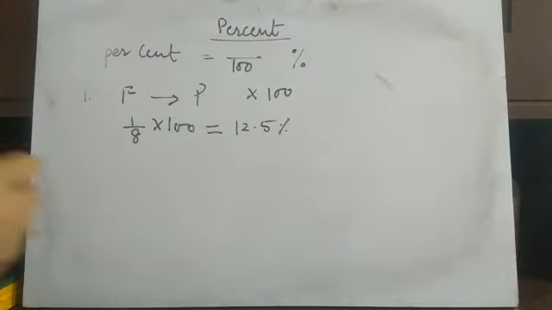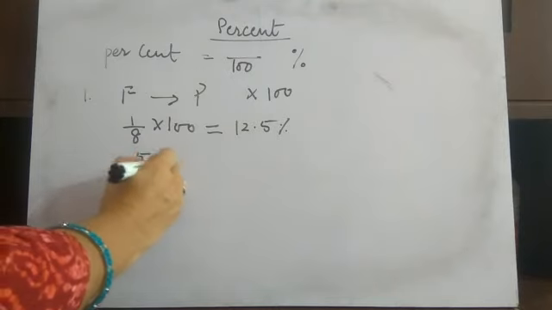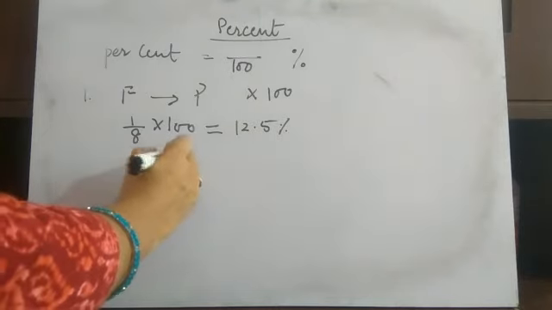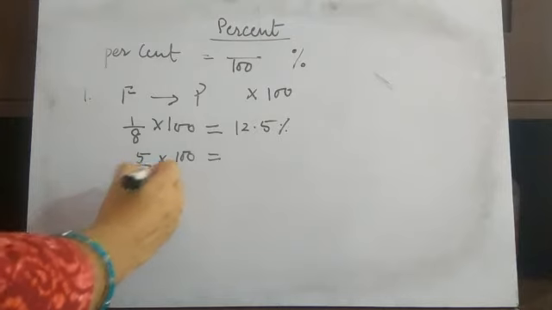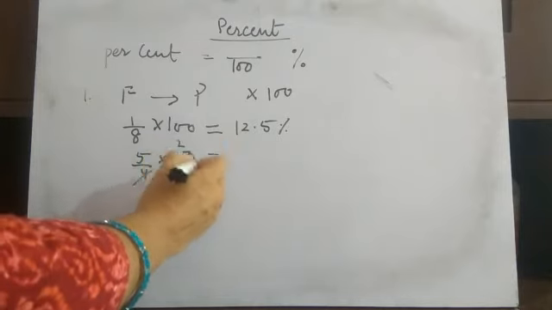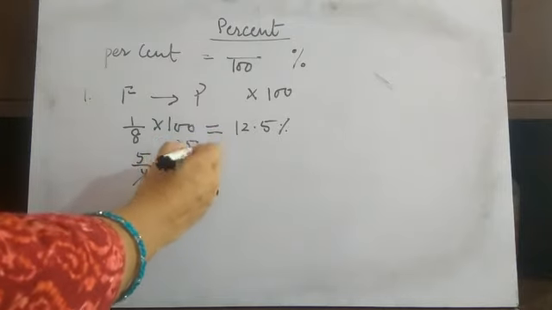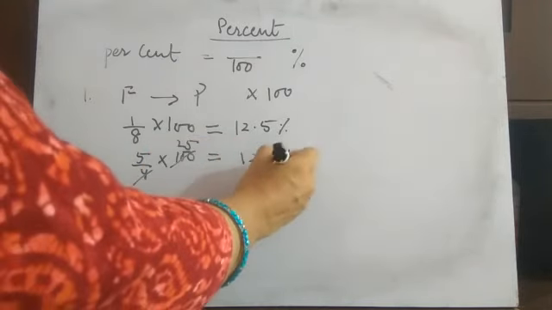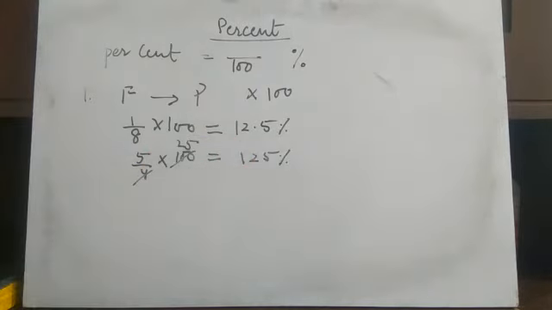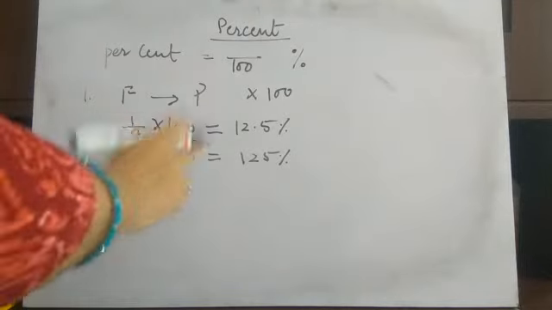Another example, 5 by 4 to be converted into percent. Again, in the same way, multiply by 100. So 4 2s are 8, 20, 4 5s are 20, and 25 5s are 125%. So this is how we convert a fraction into percent.